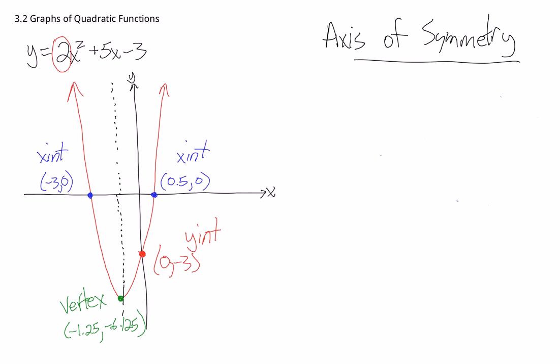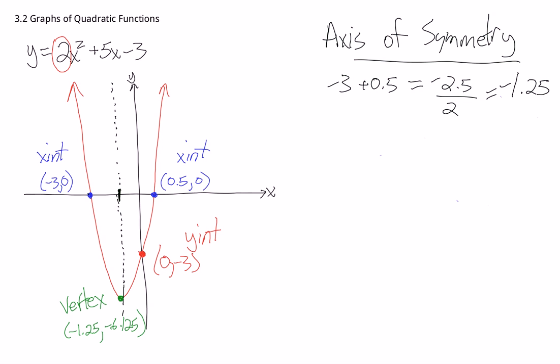If you look at the 2 x-intercepts, we have -3 and positive 1/2, so halfway in between those should be where the axis of symmetry is. If we actually do that, -3 plus 1/2 gives you -2.5, and we just average those, divide that by 2, and you get -1.25.